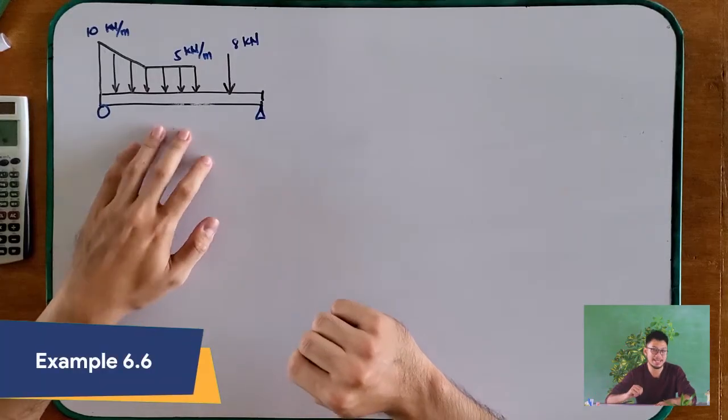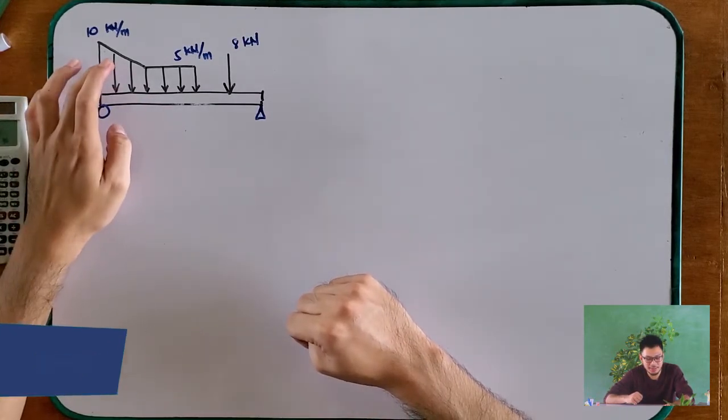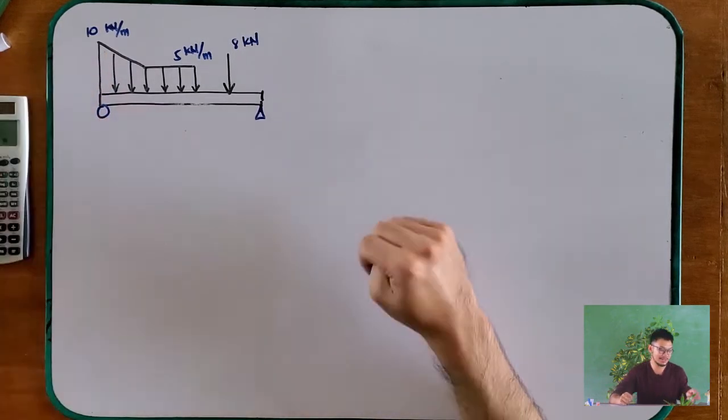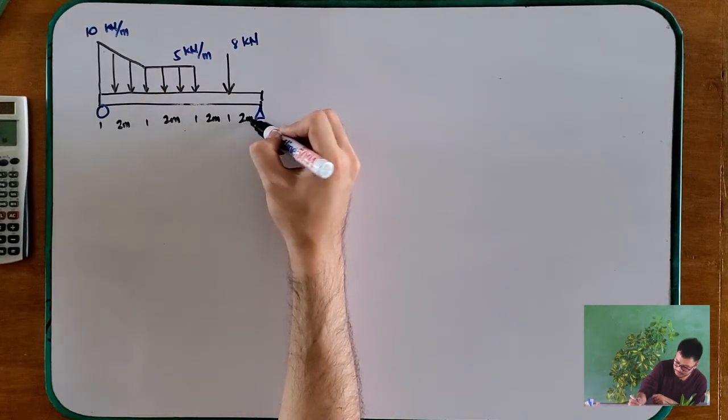Okay? So, this is basically how you graph a shear and moment diagram if you have a triangular loading. And in our next example, it will be more confusing because it combines what we have learned about loadings. It's a bit difficult because we have a distributed load that is a combination of a triangle and a rectangle. There are dimensions, 2 meters.